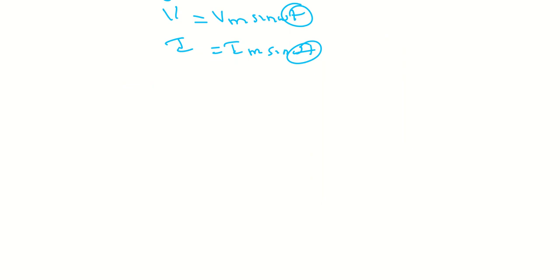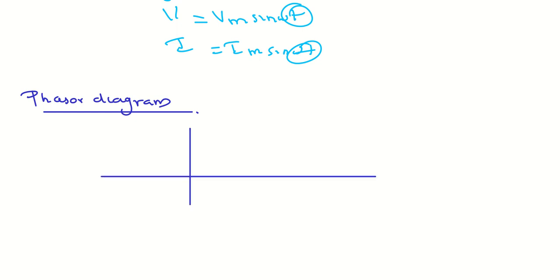And what about the phasor diagram? A phasor is a vector which represents voltage or current or any phasor quantity. So it represents a voltage V. The length represents the amplitude or peak value.